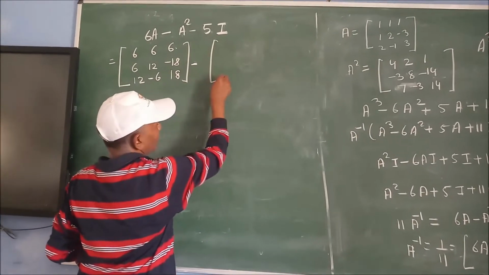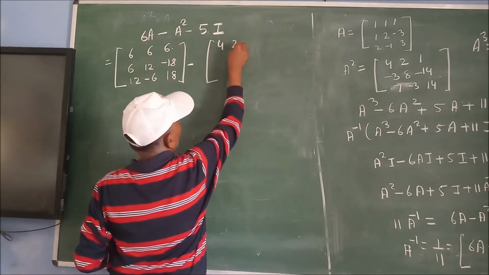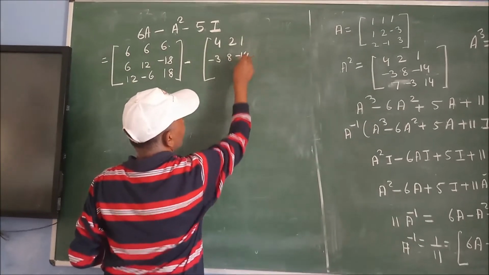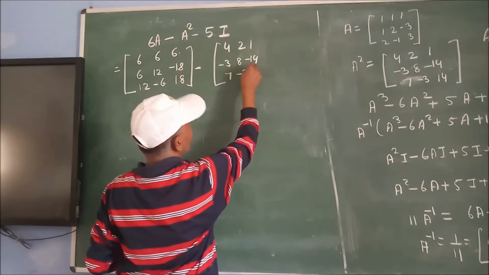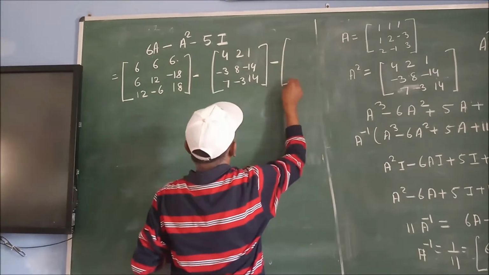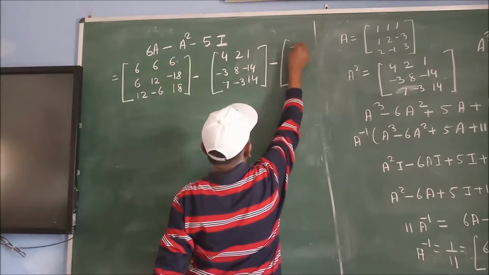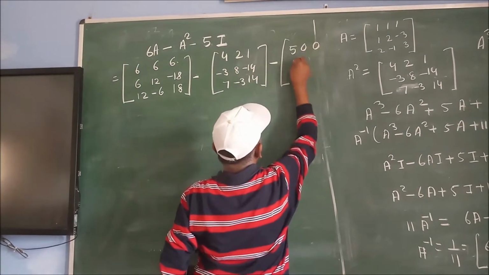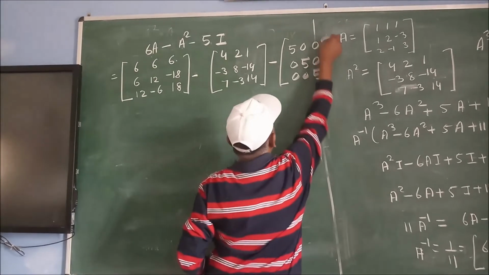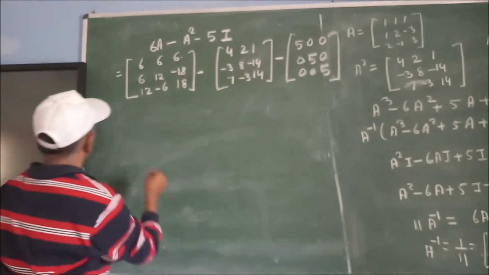A square you have already calculated, 4, 1 minus 3, 8 minus 14, 7 minus 3 and 14 minus 5I. So multiply the identity matrix with 5. So this will be your 5, 0, 0, 0, 5, 0, 0, 0, 5 and solve it.